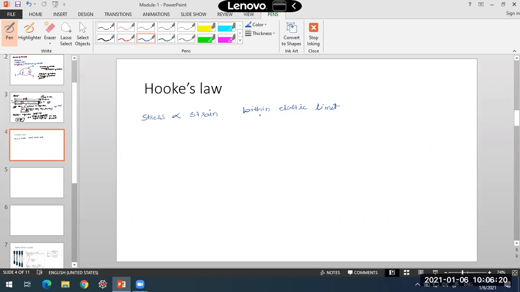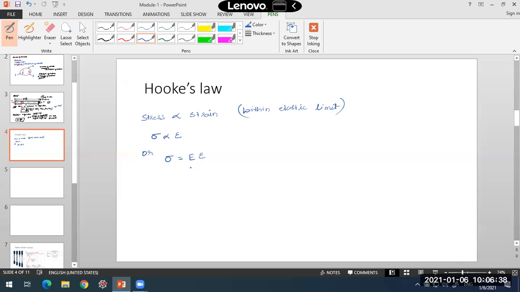Within the elastic limit, this is valid. Stress is directly proportional to strain. We'll look into this elastic limit further, but I can write this as stress directly proportional to strain, or we can write an equality taking the constant of proportionality.